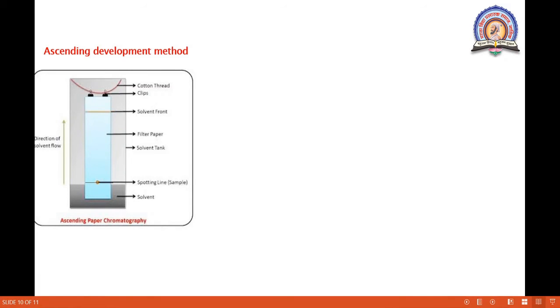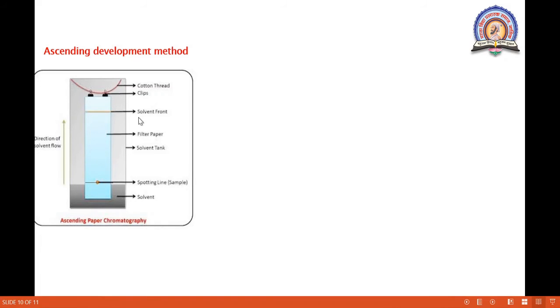In the ascending development method, we prepare a chromatogram, that means this paper. On the paper we put a sample and we place this paper in a chamber containing a solvent. This solvent acts as a mobile phase while this paper acts as a stationary phase. Due to capillary action, this solvent runs on the stationary phase, and during that movement it separates the components present in the mixture.